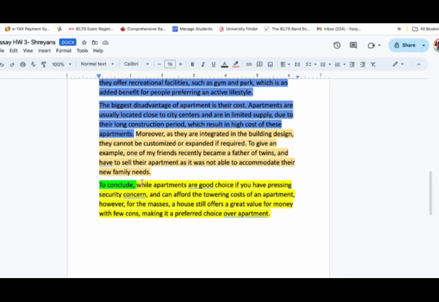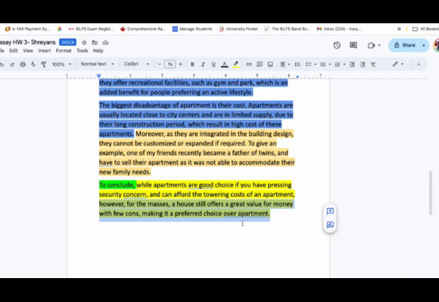Now in conclusion, the student writes that while apartments are a good choice if you have pressing security concerns and can afford the towering costs of an apartment, however, for the masses, a house still offers a great value for money with few cons, making it a preferred choice over apartment. So he says that it is good if certain conditions are there, but for most people this is fine.